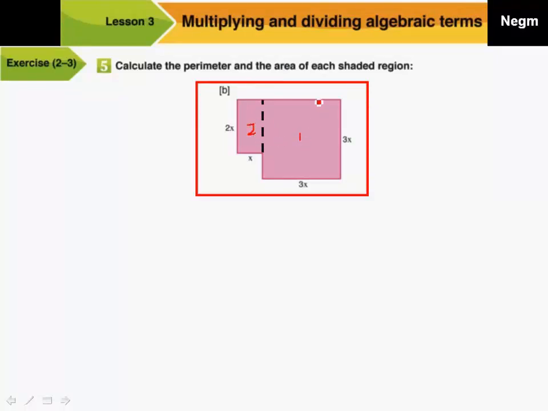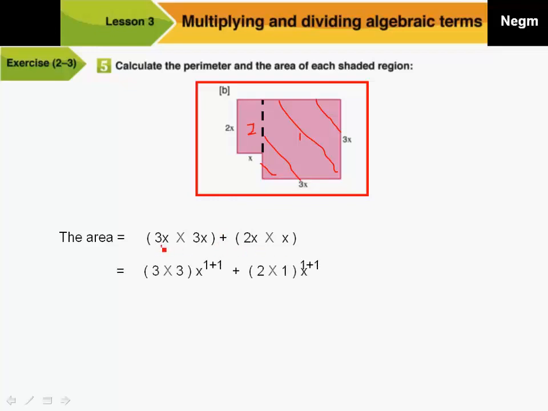Shape 1 is a square with the side length of 3x, and this is a rectangle with 2x as a length and width of x. So the area is equal to 3x multiplied by 3x plus 2x multiplied by x. We have the summation of 2 multiplications. This will be equal, we multiply 3 times 3 times x to power 1 times x to power 1.